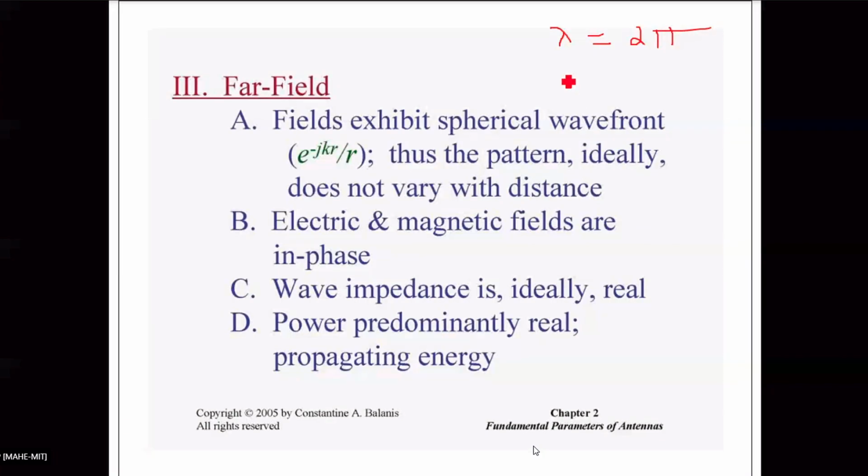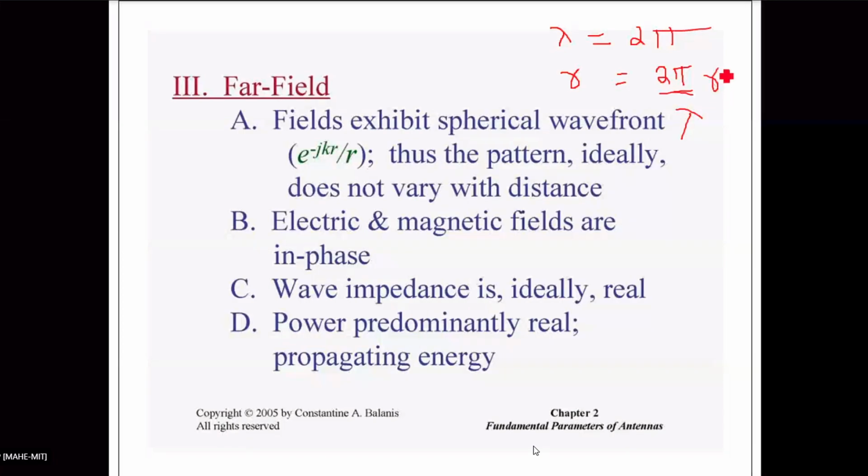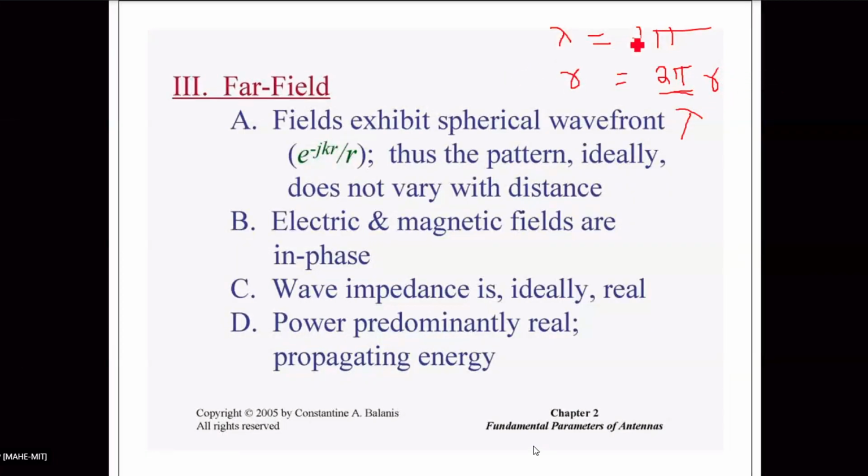So here the distance is R. So what is the phase change? 2 pi by lambda into R. Lambda is 2 pi, R is for the distance of propagation R, so the phase change is 2 pi by lambda into R. Do you get it? Yes, sir. Okay. So what is this 2 pi by lambda? 2 pi by lambda is k. In this expression you can see here.